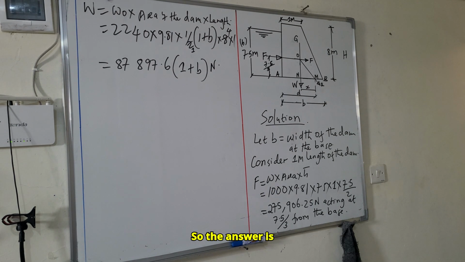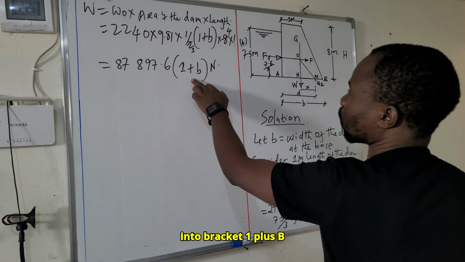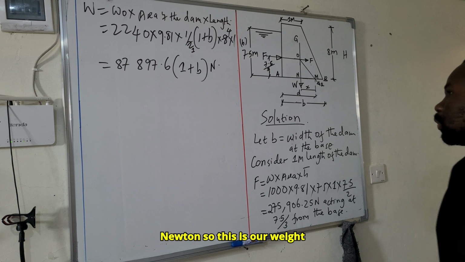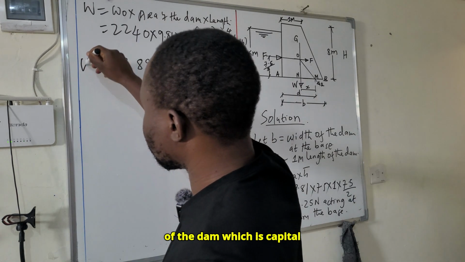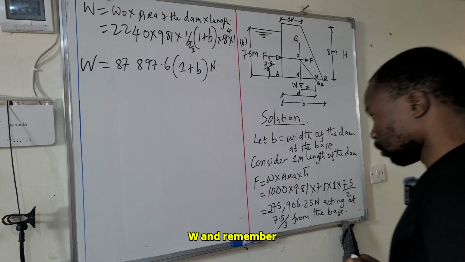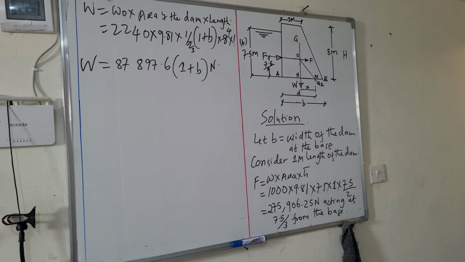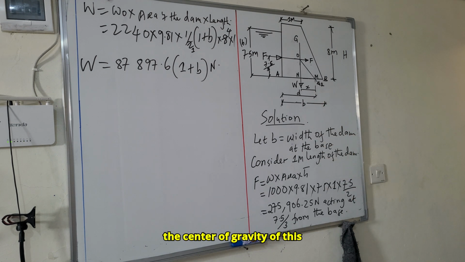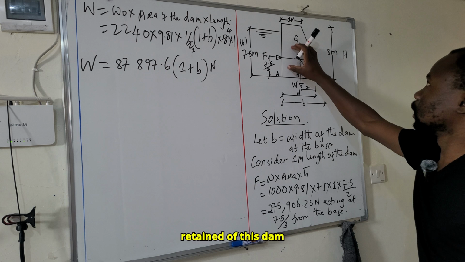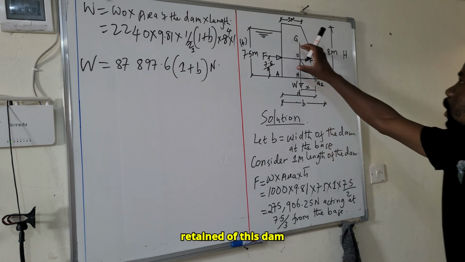The answer is 897 into bracket 1 plus B Newton. So this is our weight of the dam, capital W. And remember, this W is acting through the center of gravity of this dam.